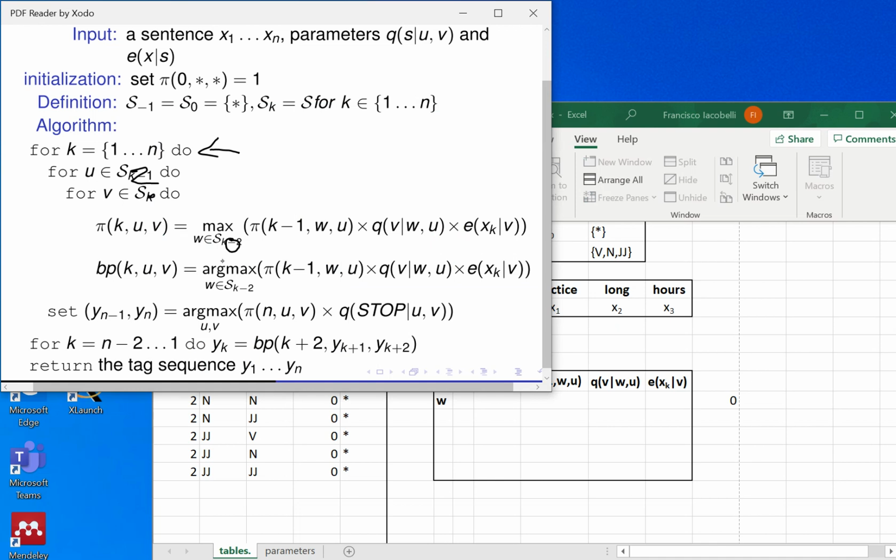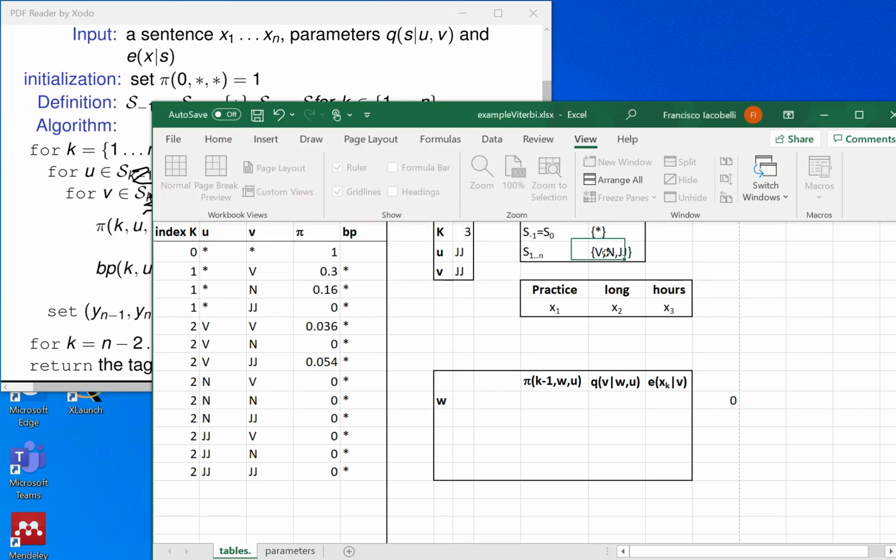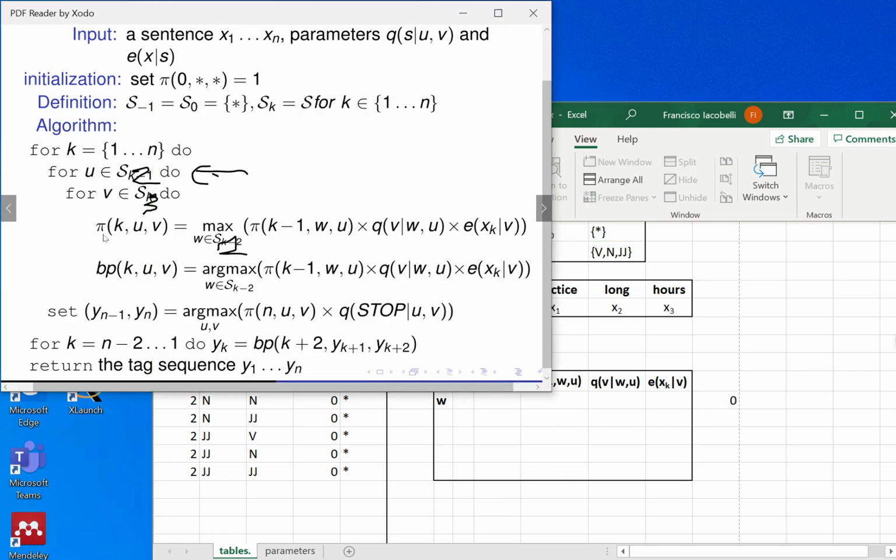This is S3, right? And this here is going to be S1. Okay? So K is 3. Now, U is going to iterate over S2. S2 is this. So U is going to start with the first symbol of that set, which is V.